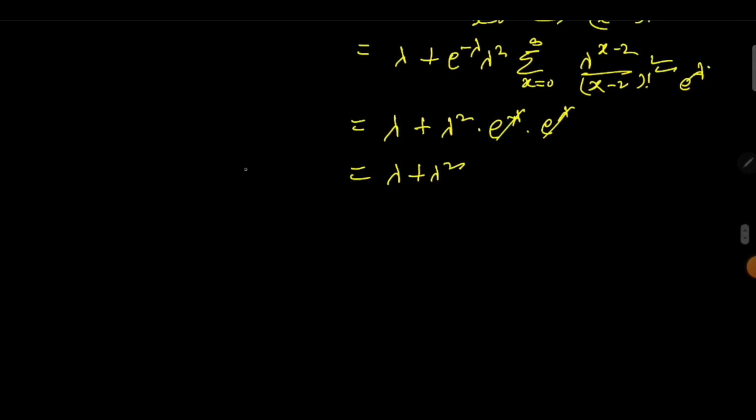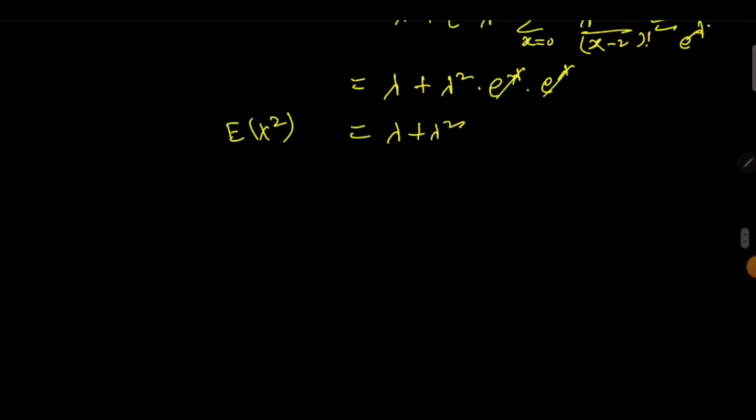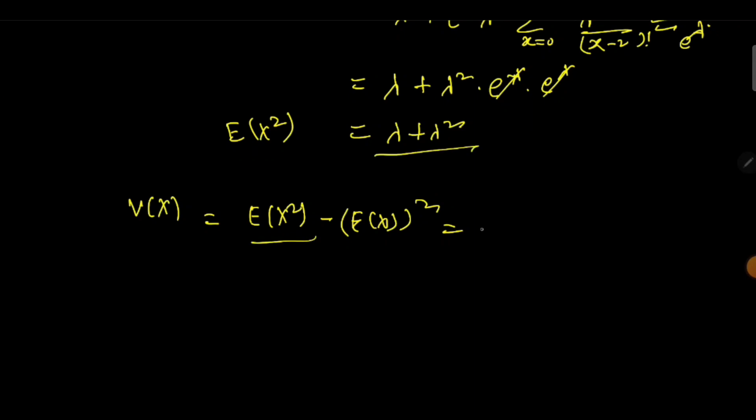Now we have the expected value of x square. So we get the variance of x from the expected value of x square minus the expected value of x, whole square. It will be lambda plus lambda square minus the expected value of x, which is lambda, and the whole square of it.